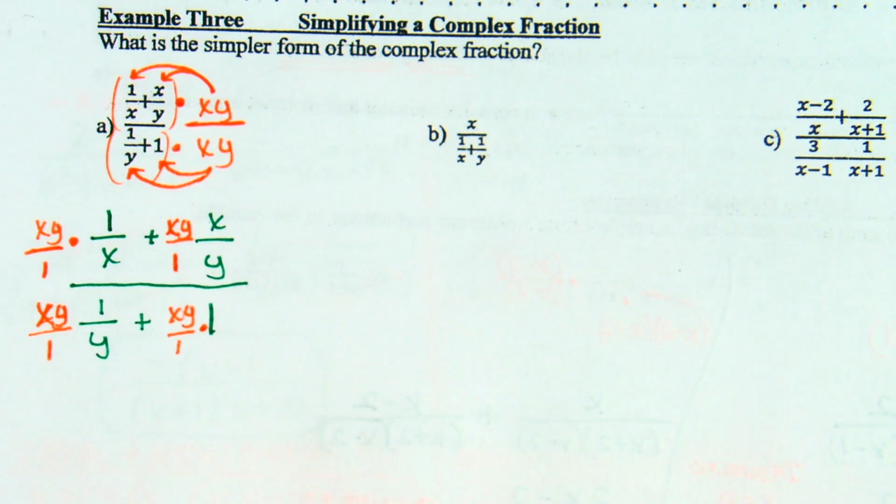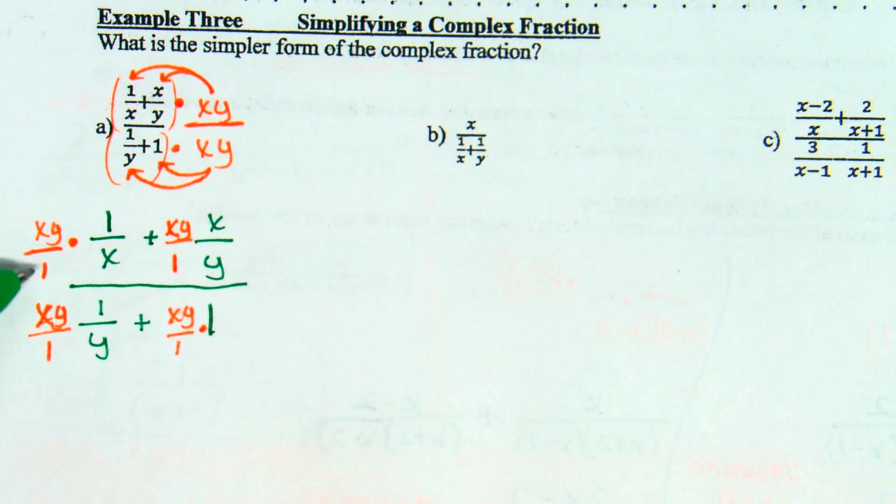So, first one, xy over 1 times 1 over x. What happens here? What can cancel? An x can cancel, yes. And if an x cancels right here, what remains? y over 1.